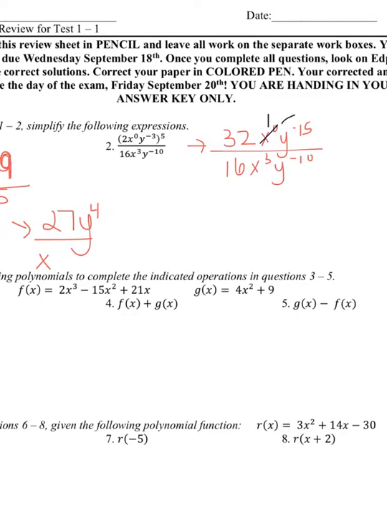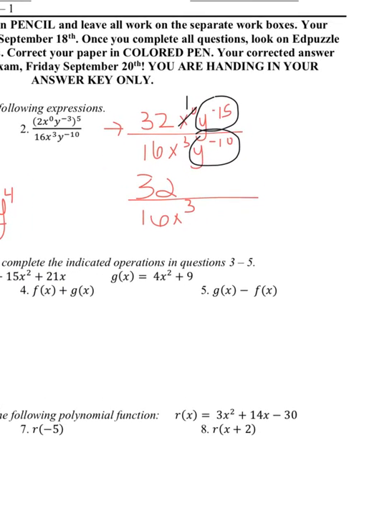And then also you have this negative exponent here and here. So we're going to rewrite the entire expression, and we're just going to move those two variables with the negative exponents so that they're positive exponents. So I'm going to rewrite this as 32, because the 32 was good, over the 16x to the third was good.